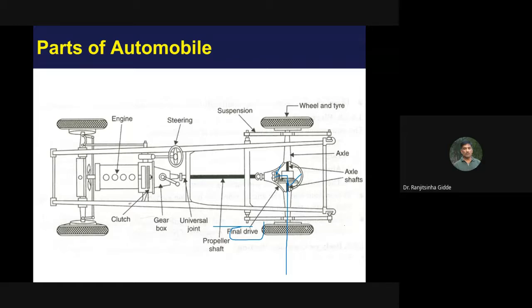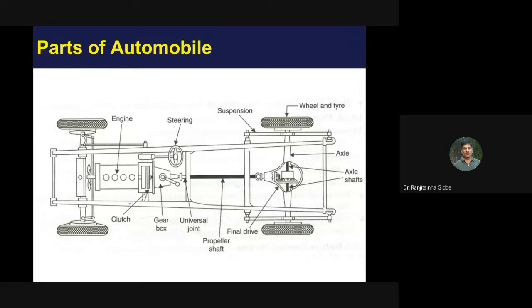And another part which is not shown here, so you can just assume this box is nothing but the differential. So this differential is required to differentiate the speed. On the curvature, speed requirement for the inner wheel and outer wheel is different, or the distance which these wheels have to cover are also different.